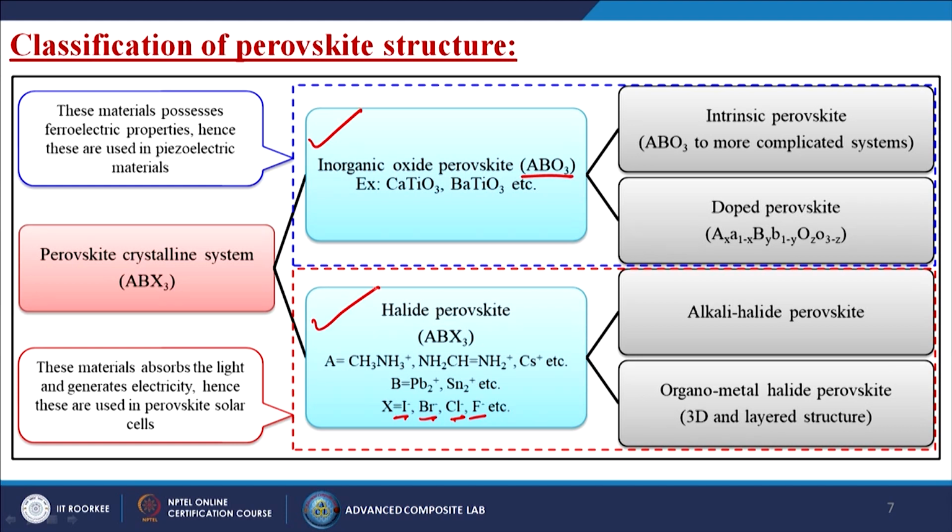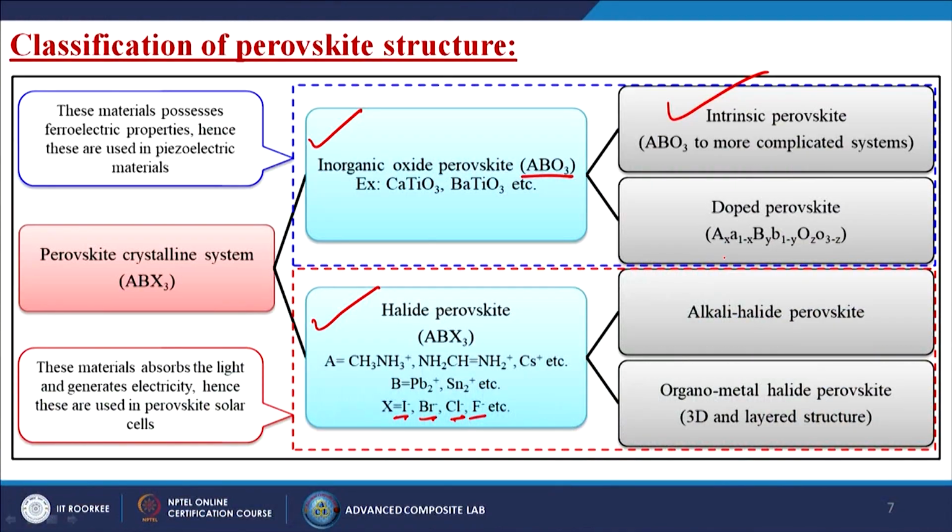The inorganic oxide perovskite is also divided into two parts. One is called the intrinsic perovskite, like ABO3 up to more complicated systems. Another one is the doped perovskite, that means I am introducing a third material into the system, like A(x)a(1-x) B(y)b(1-y) O(z)o(3-z).